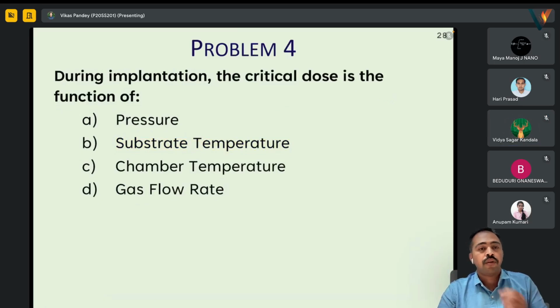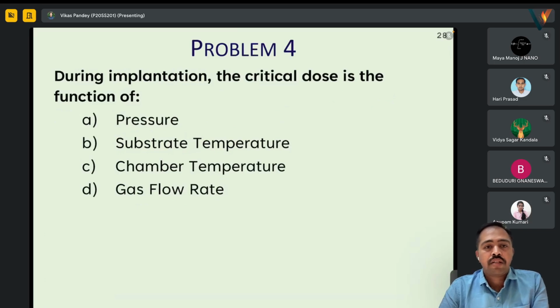During implantation, the critical dose is a function of pressure, substrate temperature, chamber temperature, or gas flow rate.